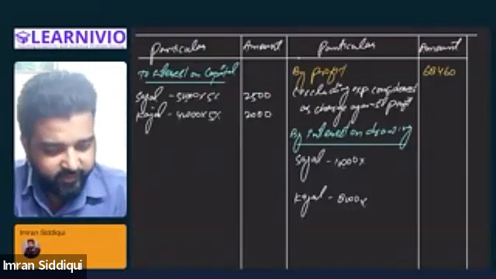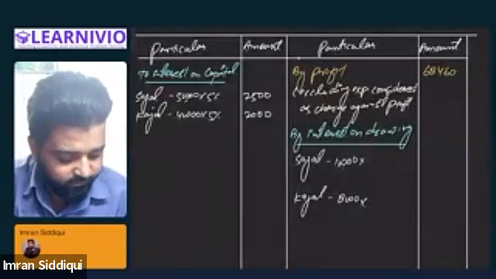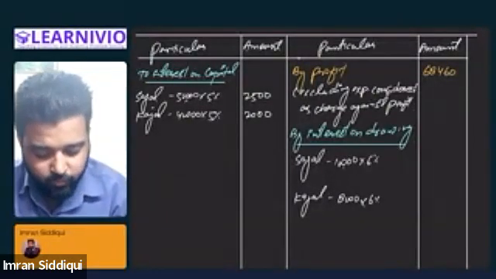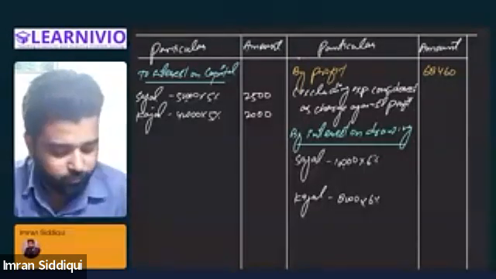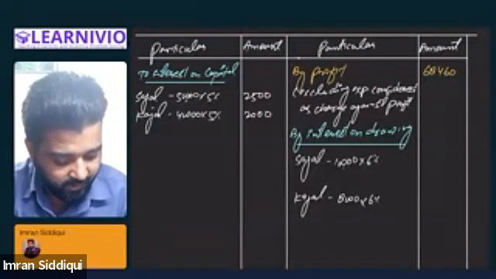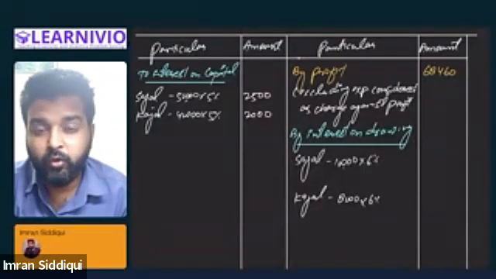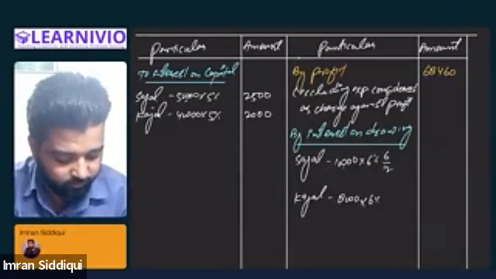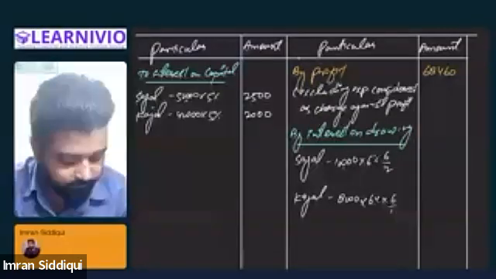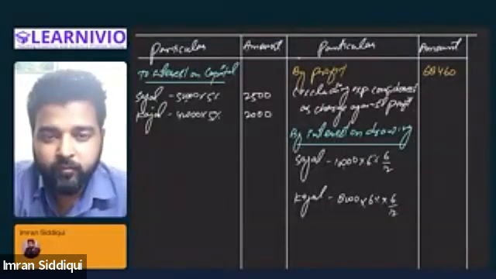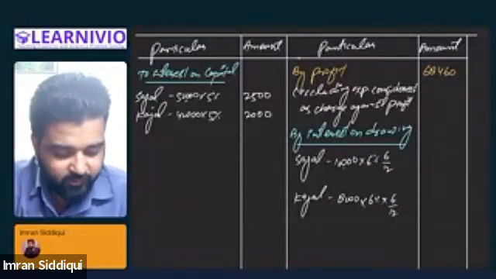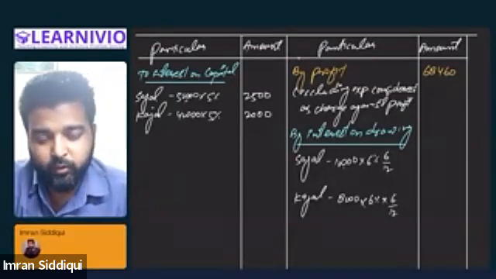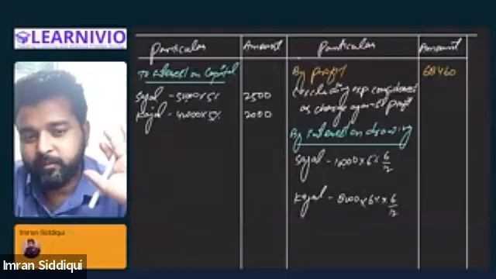The rate of interest on drawing is 6% per annum. But since the date of drawing is not given, we calculate the interest on drawing on an average basis, which is 6 by 12. We always take 6 by 12 as the average period. I hope this point is clear. If the date of drawing is not given, always consider the average period as 6 by 12. The average period will be 6 months in this case.